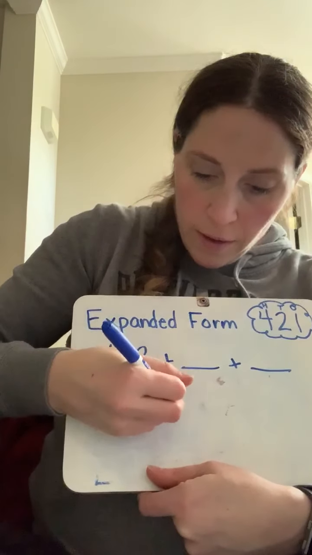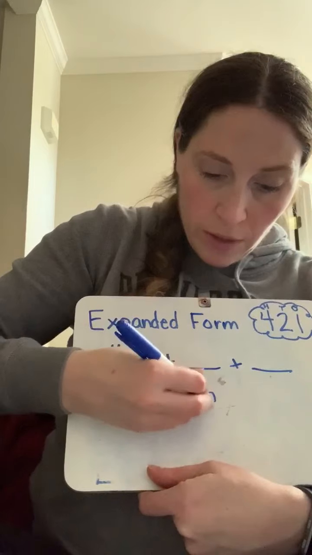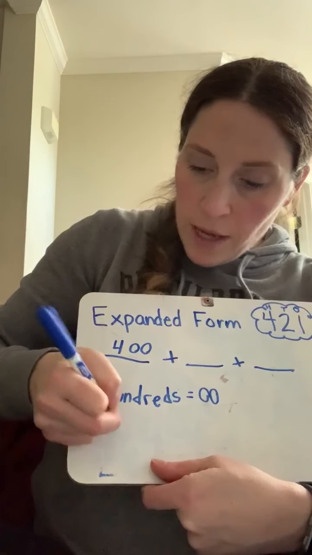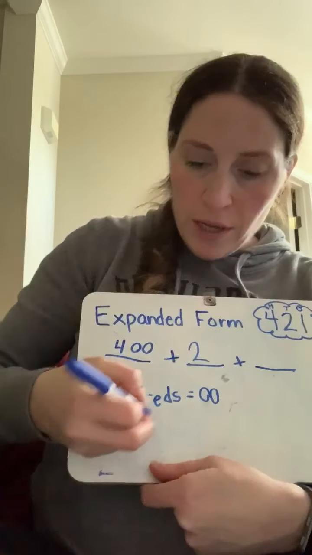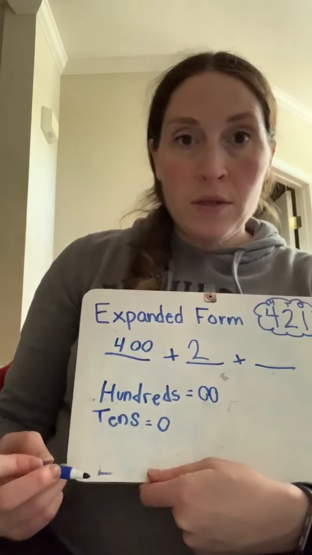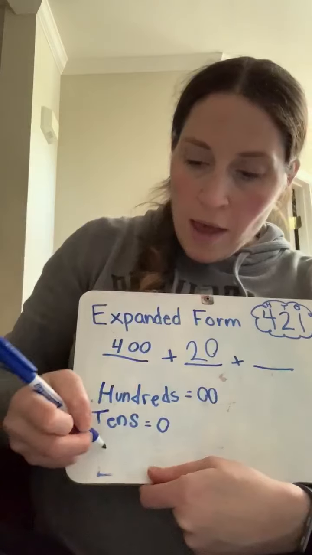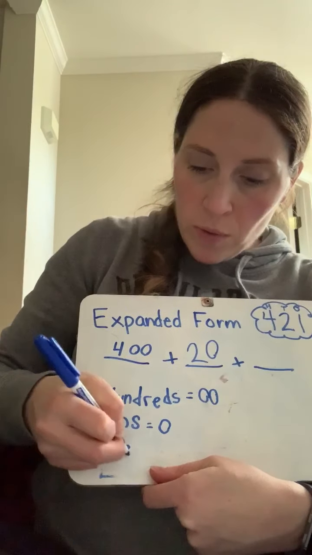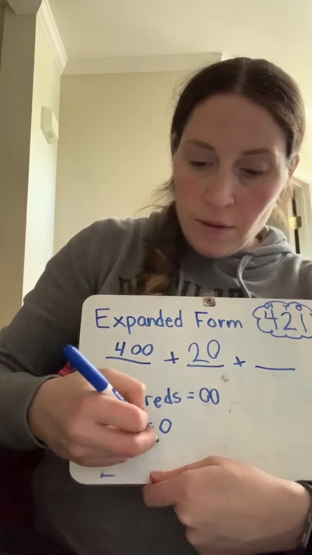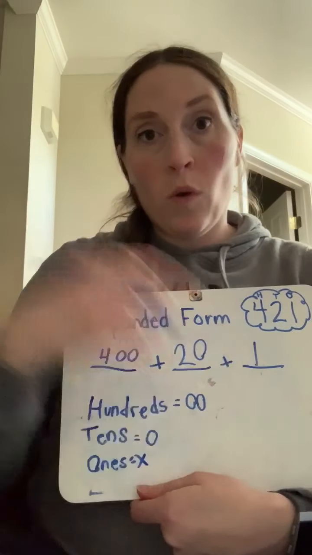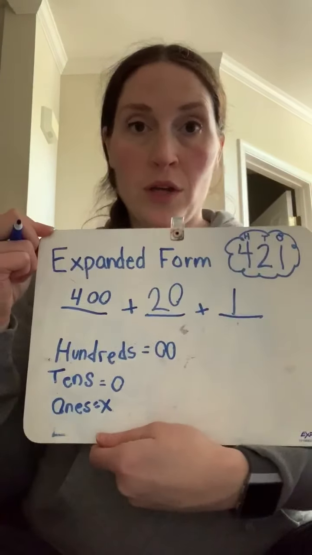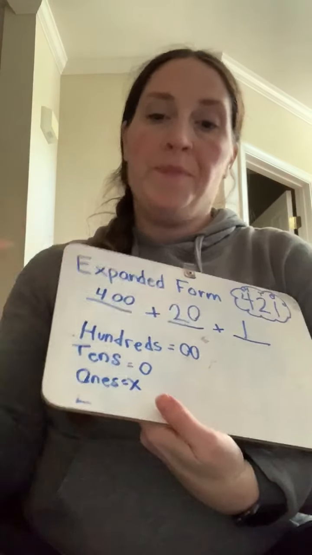When you have your tens place, you can put your number, which is 2, and in your tens place you add 1 zero, so 20. And then your ones, there are no zeros, so it's just a 1, so 421. So that's 3 ways that you can do your expanded form.